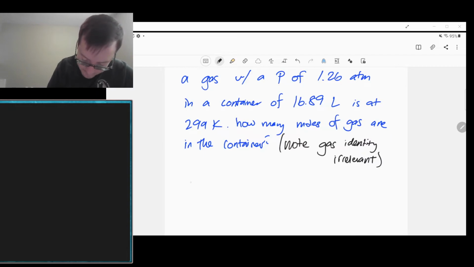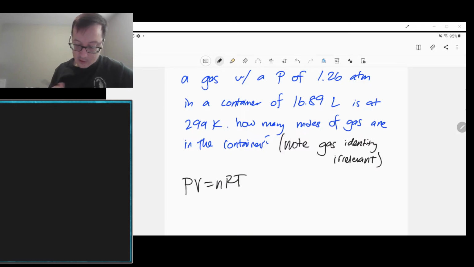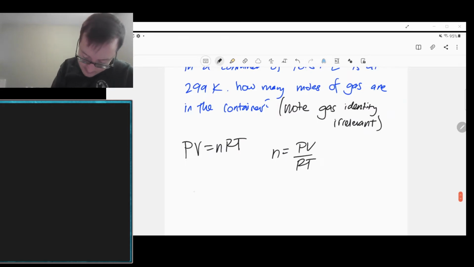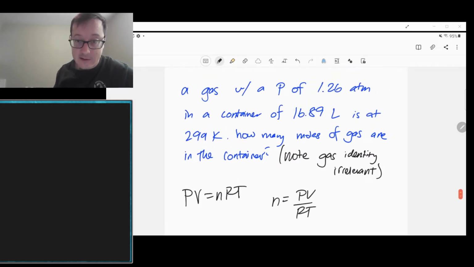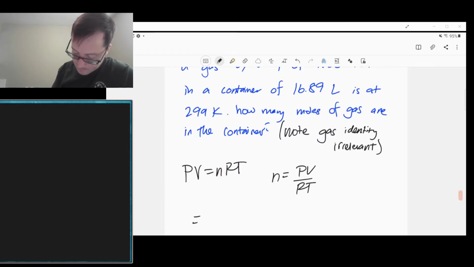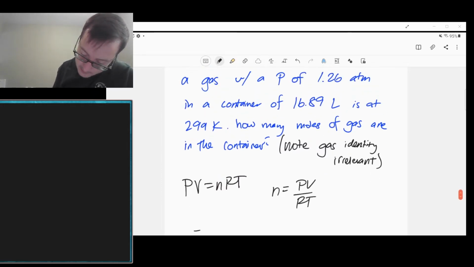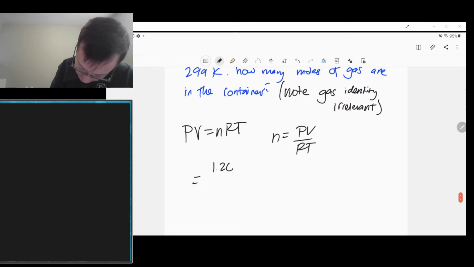All right, so in this case, we're looking for how many moles, so we can rearrange our equation, and it's as simple as then plugging things in. In this case, I've been nice and everything has the right units. Remember, in order to use this equation, you must have pressure in atmospheres, volume in liters, temperature in Kelvin, and then moles, of course, in moles. So our pressure here, 1.26 atmospheres.